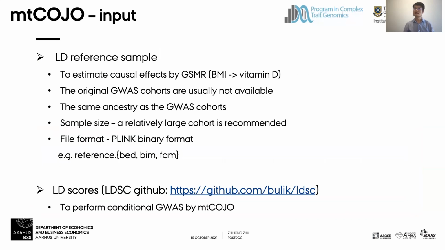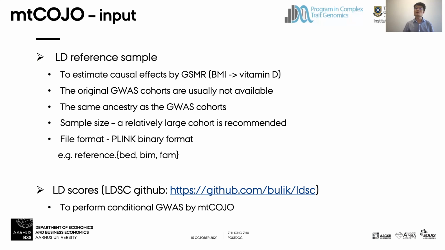Secondly, we need an LD reference sample. If we have the cohorts where we performed the GWAS, we can simply use a subset of the GWAS cohort as LD reference. Usually, the GWAS cohort is not available. So we need a cohort of the same ancestry as the GWAS cohort.